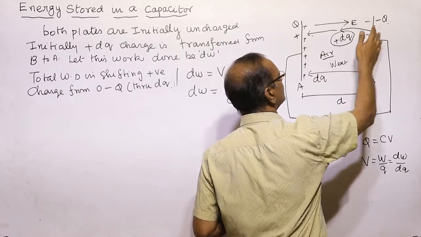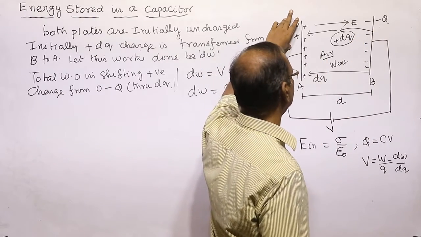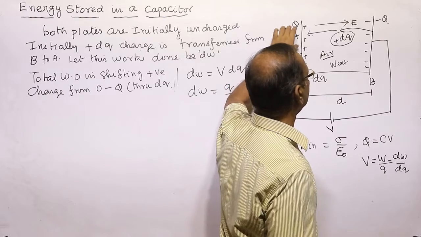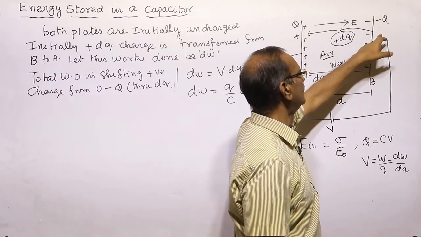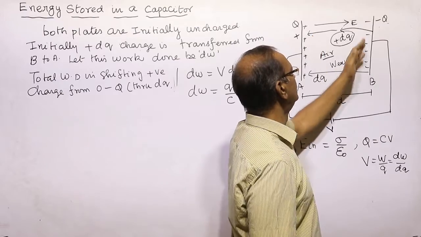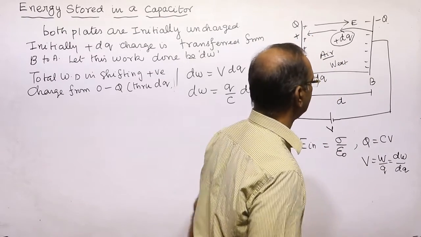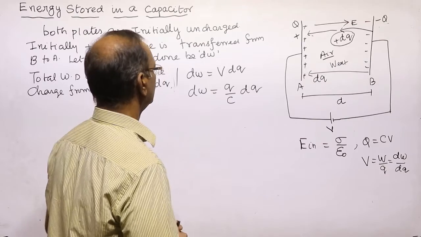This plate becomes more and more positive and gains positive potential, and the other becomes more and more negative, with a negative potential. The potential difference between them, V, is the positive potential minus the negative potential. So this is the work done.